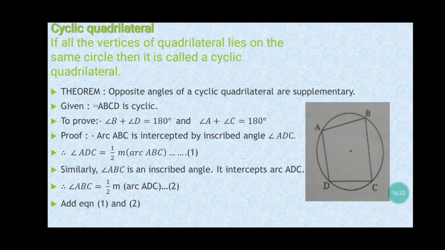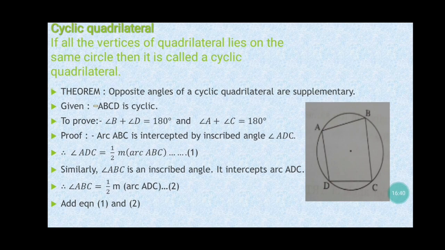Now we are with the theorem. What is the theorem of cyclic quadrilateral? The theorem is that opposite angles of a cyclic quadrilateral are supplementary.